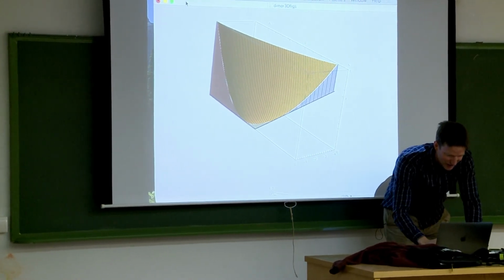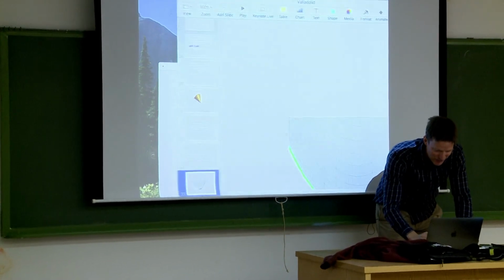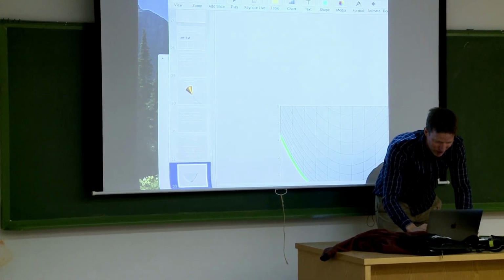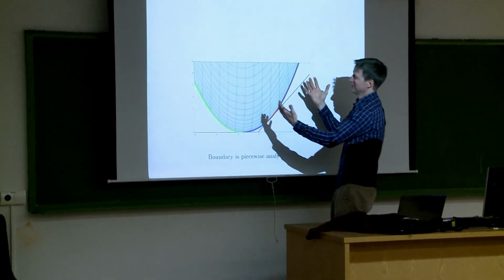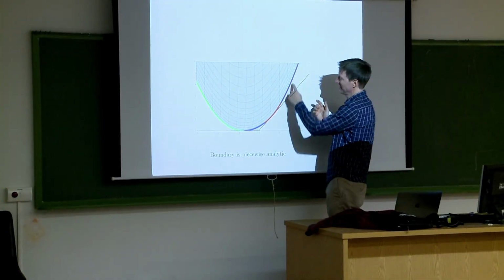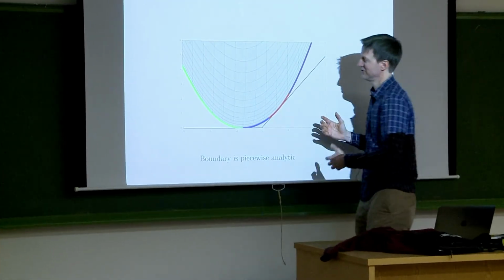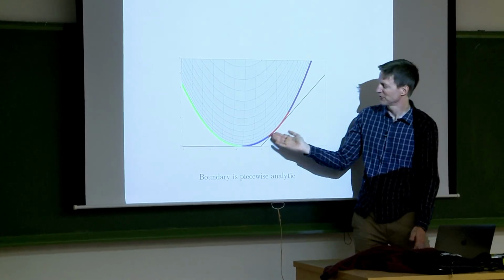The one added feature of this problem, which is different from the previous one, is that the boundary curve here is no longer an algebraic object. It's only piecewise analytic.